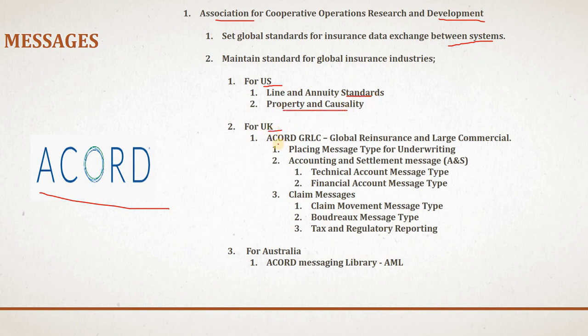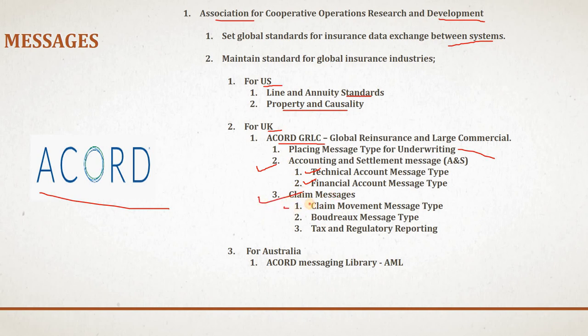For the UK, they have a program called ACORD GLRC, which stands for Global Reinsurance and Large Commercial. Within the GLRC program, they have a placing message type for underwriting. They have an accounting and settlement message type. Within this, they have a technical account message type and a financial account message type, and then they have a claim message type.